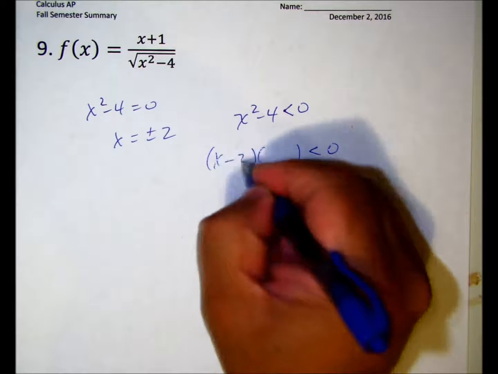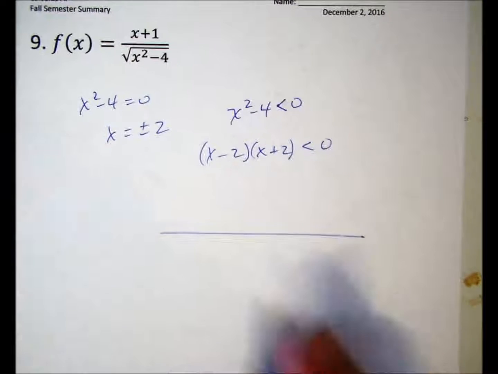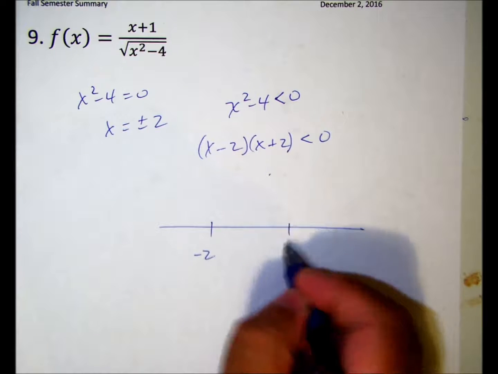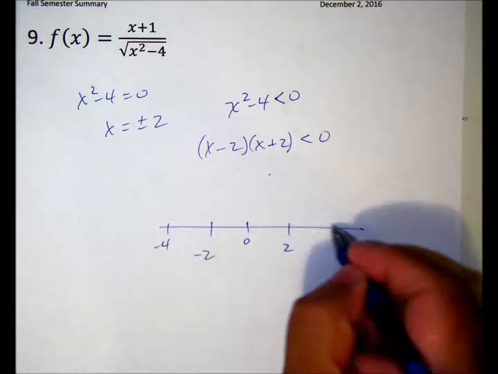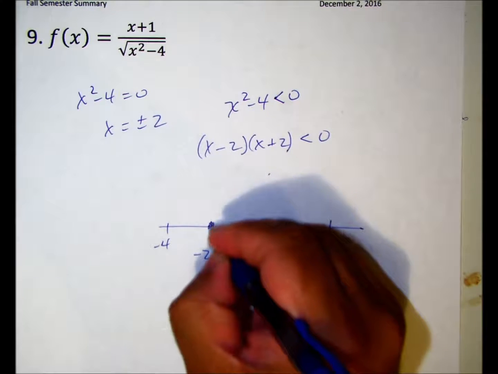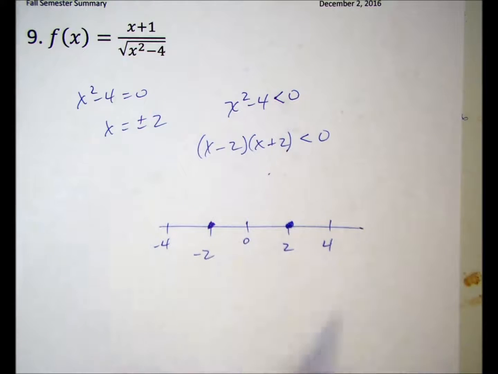So I got x minus 2, x plus 2, and what this does is gives us values on a number line. That one's going to give us negative 2, and we've got a positive 2. And let's put some numbers in here. Alright, but the ones we're interested in, or the ones that we need to focus on, are negative 2 and positive 2.